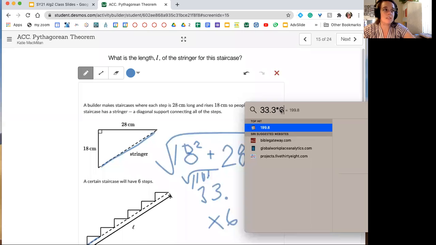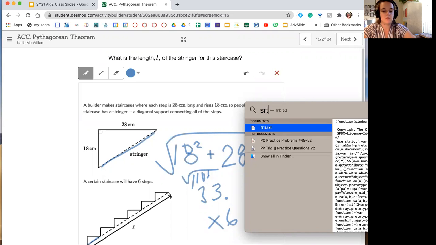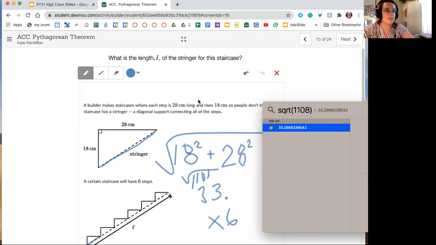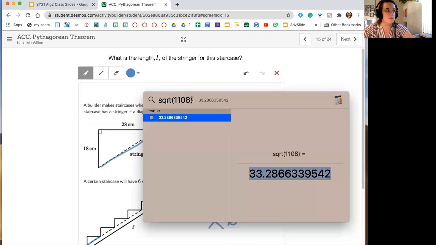Notice if we round in the middle of the problem, we actually get the wrong answer, right? It's not 199.8, it's 199.7. The reason is because we need to take the square root of 1,108 and use this entire number. We can copy this whole number, and if we multiply it times 6, we're going to get 199.7, which is the correct answer.